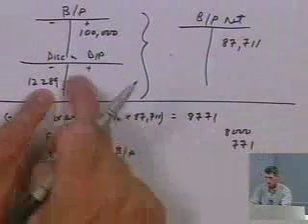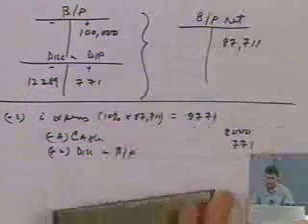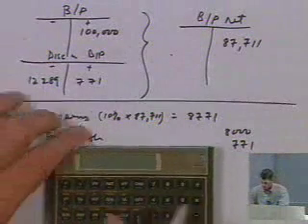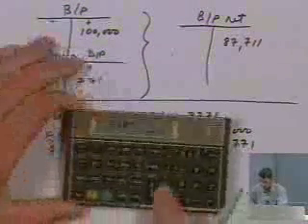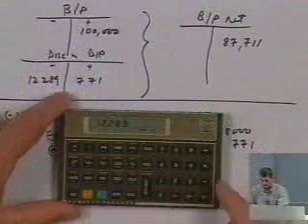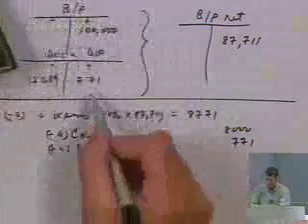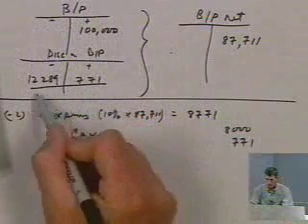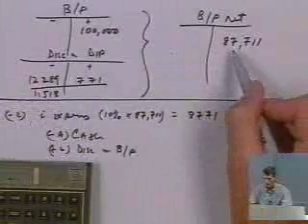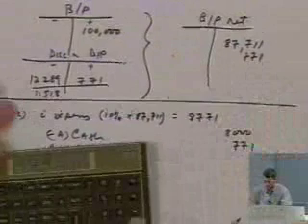We credit this account for 771, and to get a new balance here, 12,289 less 771 gives us 11,518. So the new balance is 11,518.